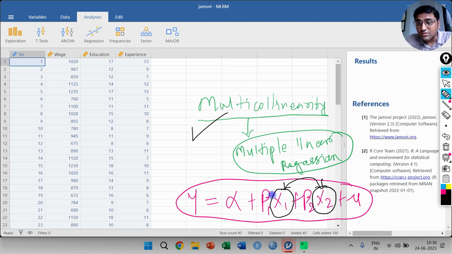Now we use VIF to detect multicollinearity. Now what is VIF? Variance inflation factor.